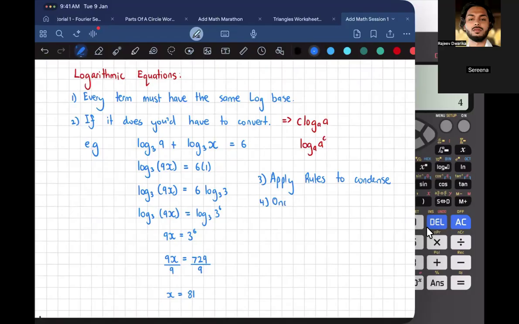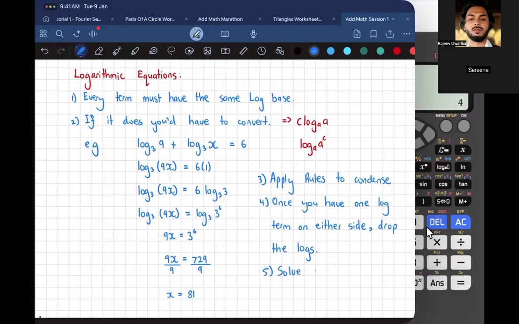Once you have one log term on either side, drop the logs. Yep, that's it. And the last step is just solve algebraically.